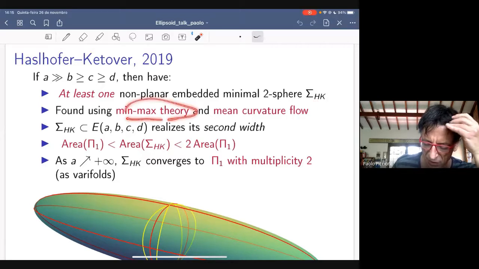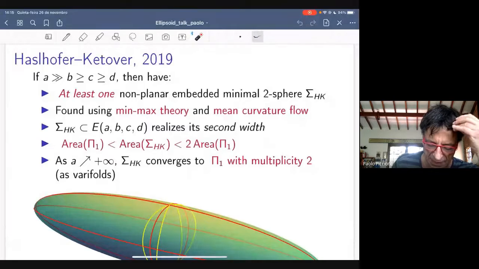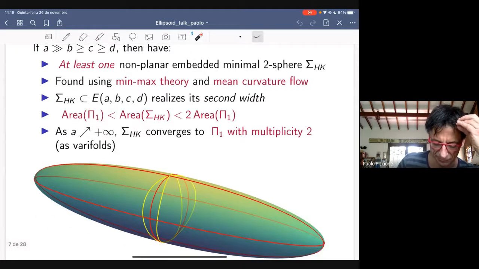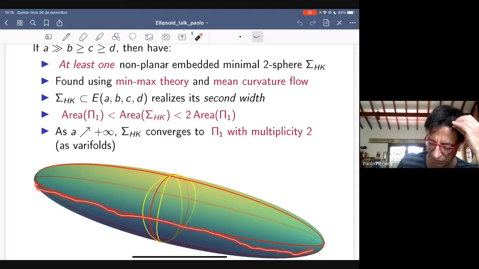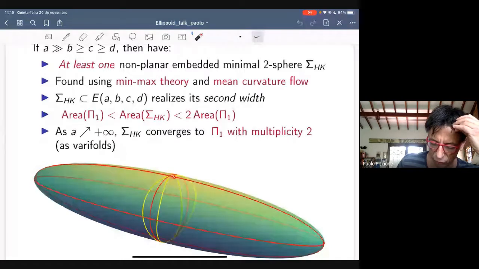It's found using minimax theory and the mean curvature flow. Then it has a technical property that I may discuss later. And its area is between the area of this large minimal sphere here and 2 times the area of this minimal sphere, which is here, okay? And in fact, when A goes to infinity, this minimal 2-sphere converges to this sphere with multiplicity 2.